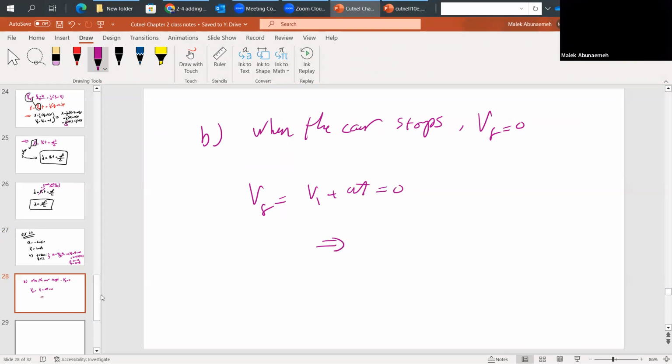That means the time you're going to need equals minus VI over your acceleration, which equals minus 30 divided by minus 6. Negative goes with a negative, becomes a positive. 30 divided by 6 is 5 seconds.